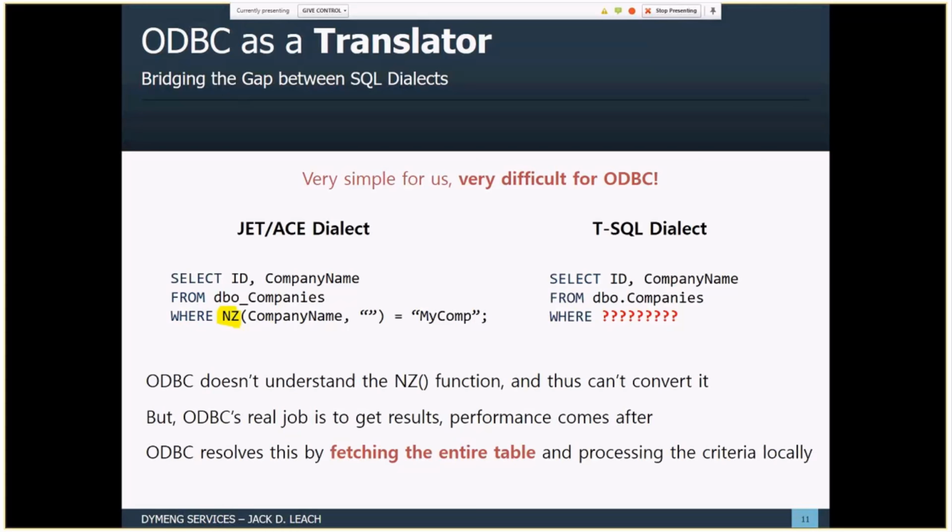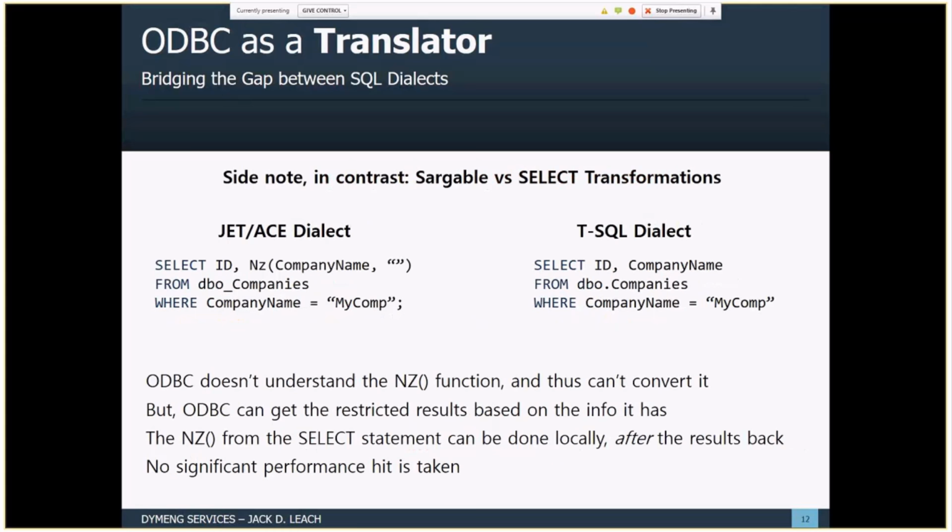It does need to pull in a lot of records and process the records locally, which is not that bad, but there's actually worse stuff that we could do. And before we get into a theoretical worst case scenario, I'd like to stop for a second and look at another view of how ODBC might handle something like this.